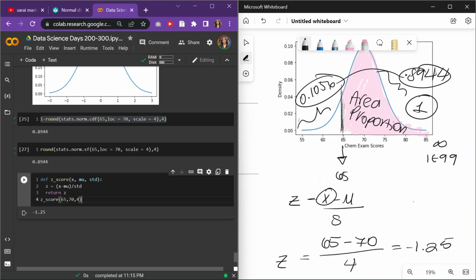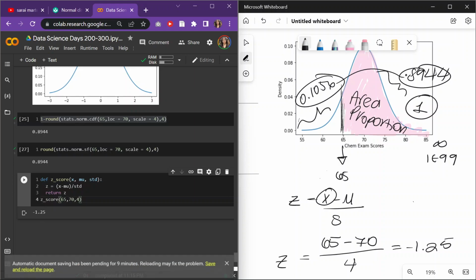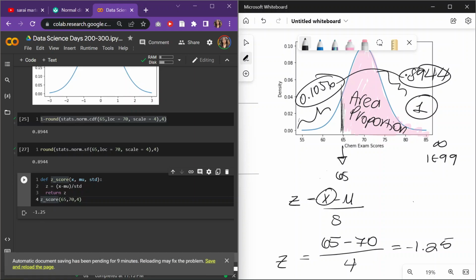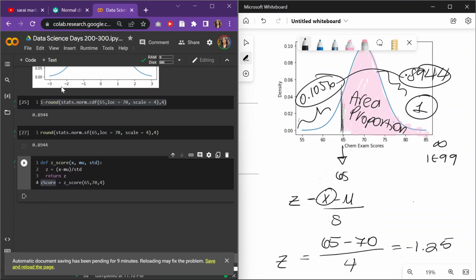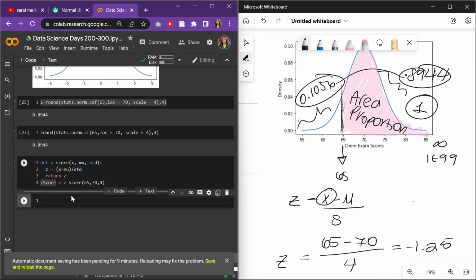I'm going to set this equal to a variable. I'm going to call it z-score. And then I go over here and I do the same thing.